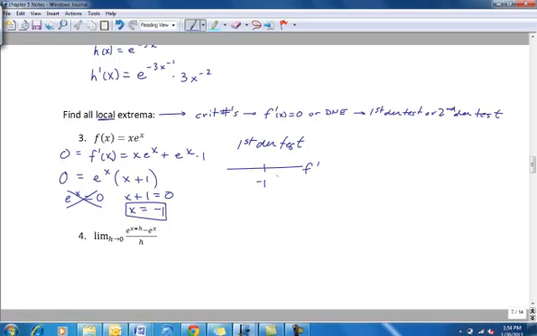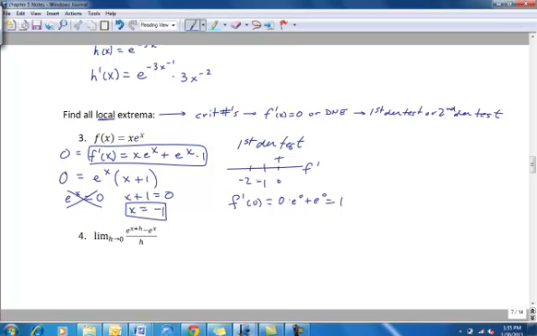If I plug a 0 into f prime, f prime of 0 would equal 0 times e to the 0 plus e to the 0. E to the 0 is 1. So that would equal 1. And more importantly, it's positive.